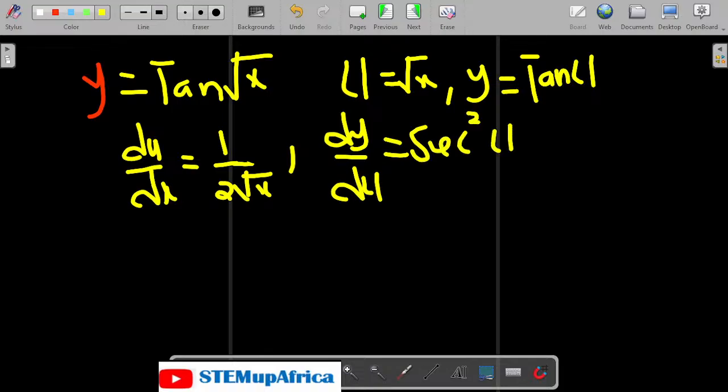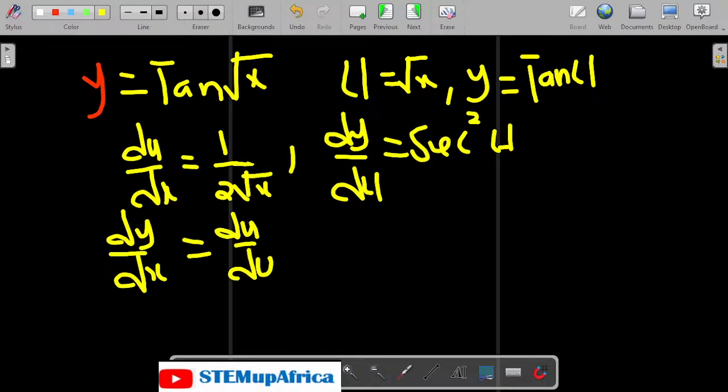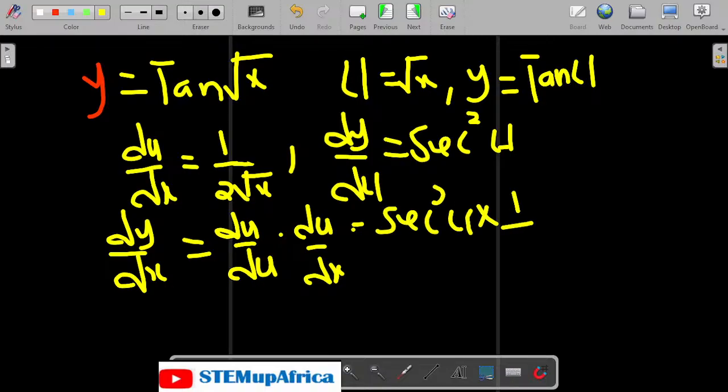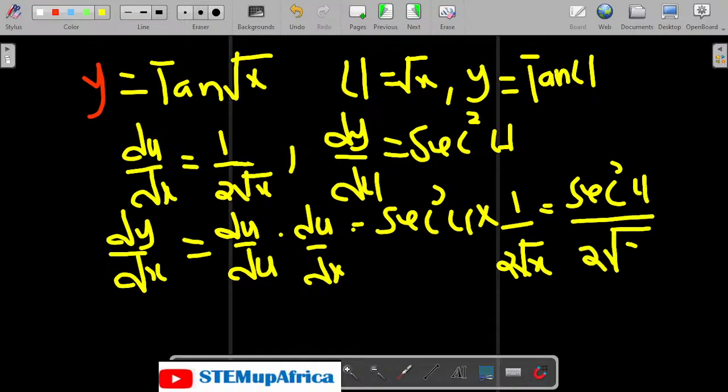So I will apply the formula of function of a function. I'm having dy/dx equals dy/du times du/dx, which is sec squared u times 1 over 2 root x, which is sec squared u over 2 root x.